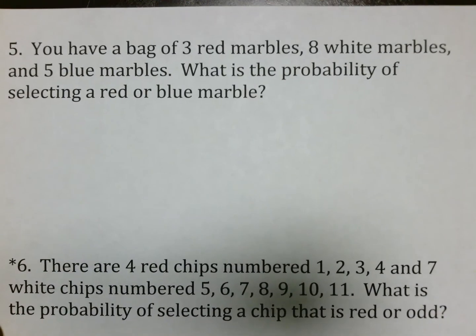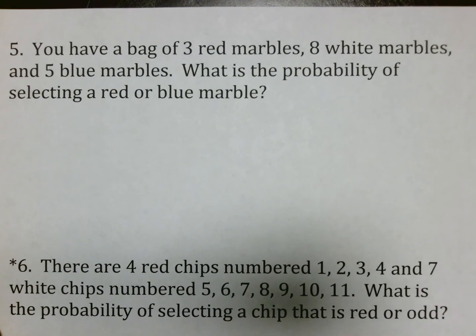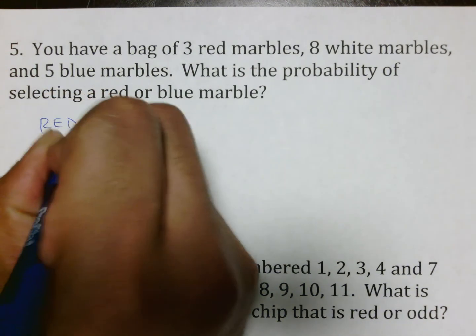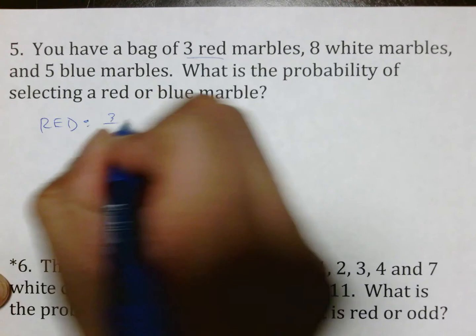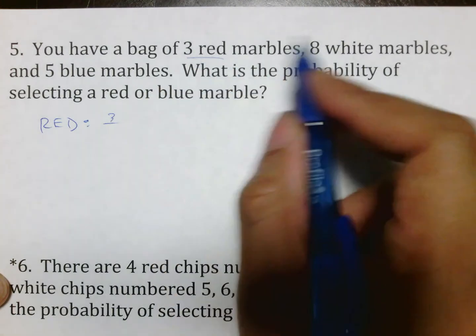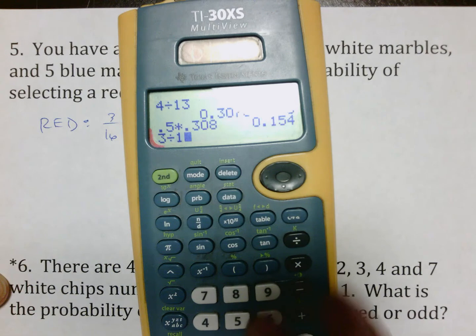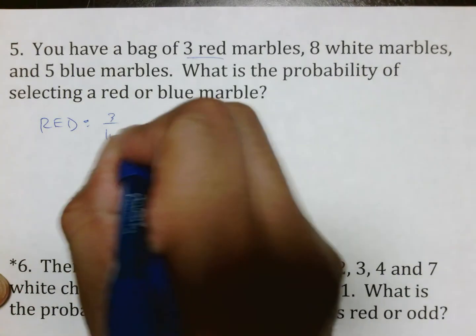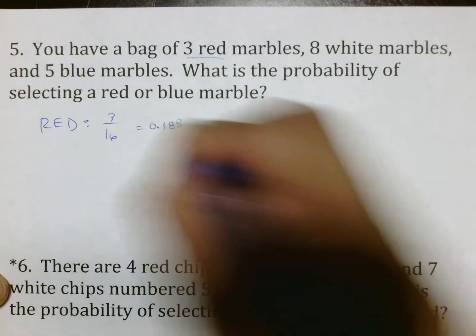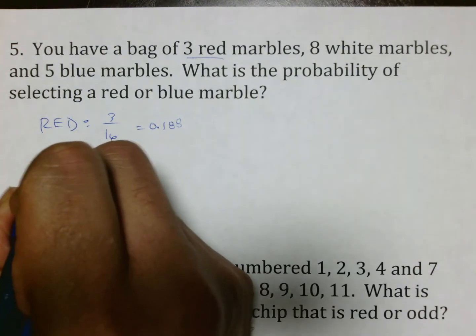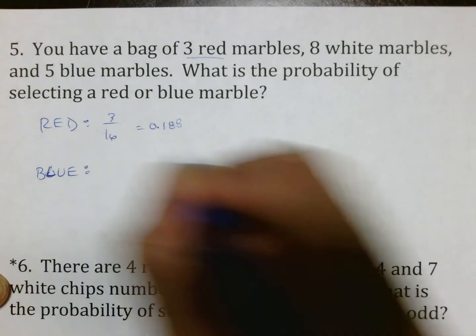So in this case you have a bag of 3 red marbles, 8 white marbles, 5 blue marbles. What's the probability of selecting a red or a blue marble? So what you do here is, again, you look at your option of choosing a red marble, which is 3 out of 16, or 0.188, I think I did that before. And then you also would like a blue marble. So again, red or blue.